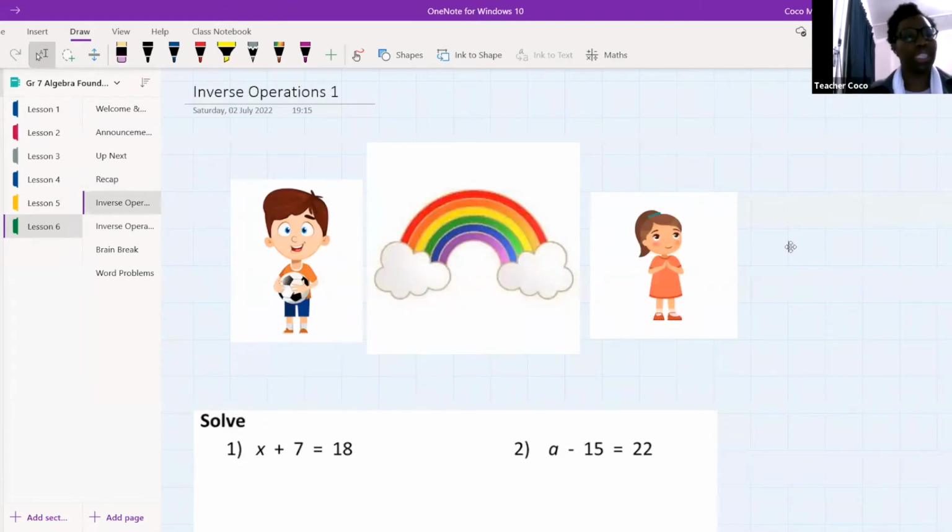We call this the rainbow, and we've got a boy and a girl, but this actually stands for something quite nice. I don't know how many of you guys have done this. Oh, look at that. Aziza has learned it at school today. Can I ask, give me an emoji in the chat if you have done inverse operations at school.